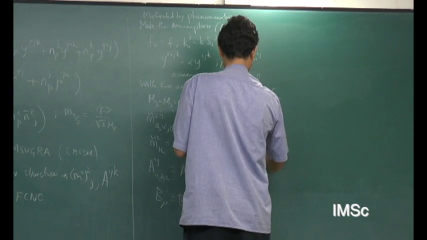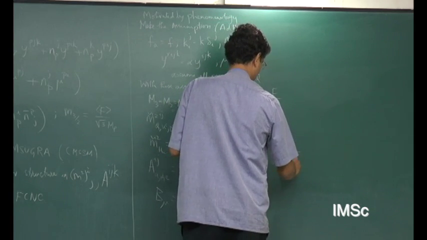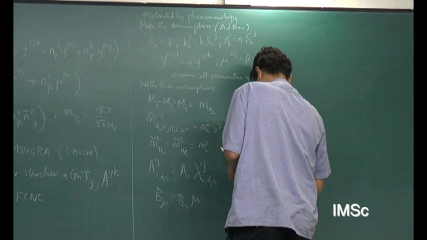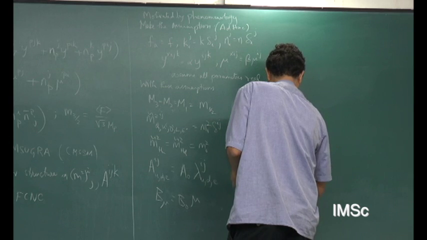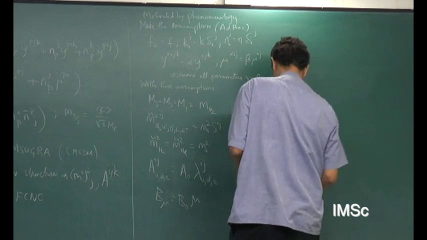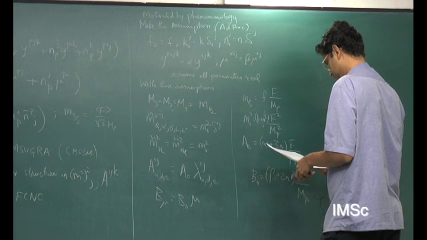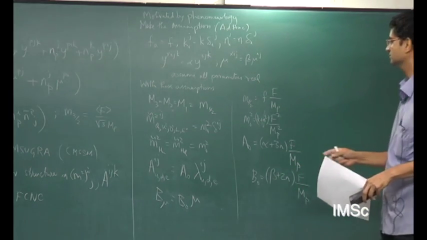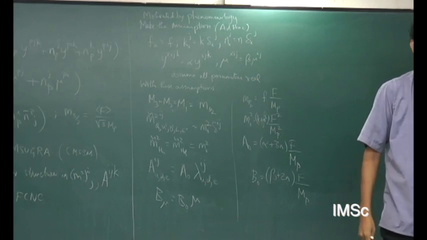And the A0 plus 3n F over M Planck. Then the B0. Yeah, all of this is there in Martin's review, so I'm reproducing that. So now we just write down what these things are in terms of these simplified number of parameters.